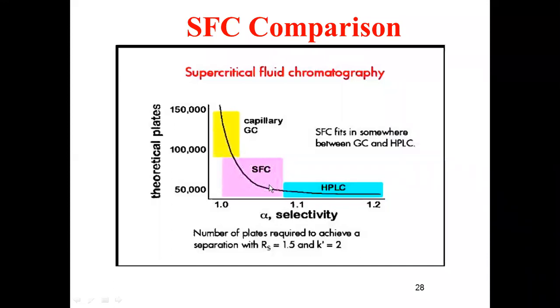When you compare the performance characteristics of SFC, it is placed in between GC and HPLC based on the number of theoretical plates. So with this plot, we can come to the conclusion that HPLC is less sensitive when compared to SFC, where SFC is less sensitive when compared to GC while using capillary columns.